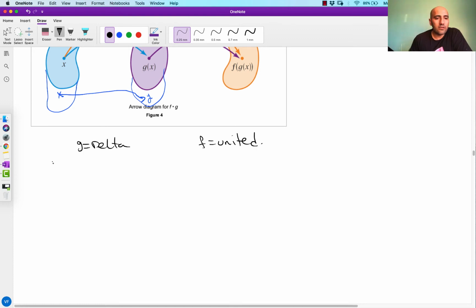And let's say that the domain and range are as follows. I don't know what they are. A, B, C, D. So here is the domain of the Delta function, and this one leads to A, B, C, D, E, F, G, H, I.